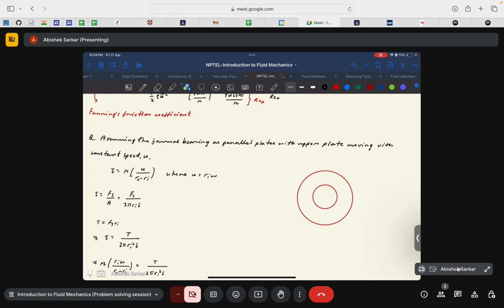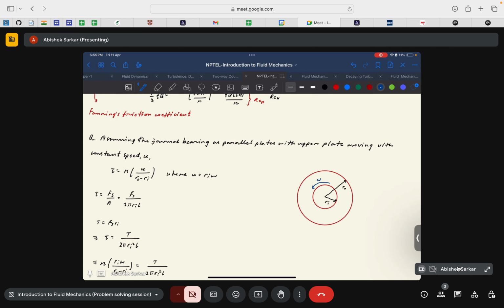Let me try naming. This is R_i, this is R_o, the outer radius, all of which are already given, and then the shaft is rotating. The shaft is rotating inside the journal at a certain angular velocity, say omega.